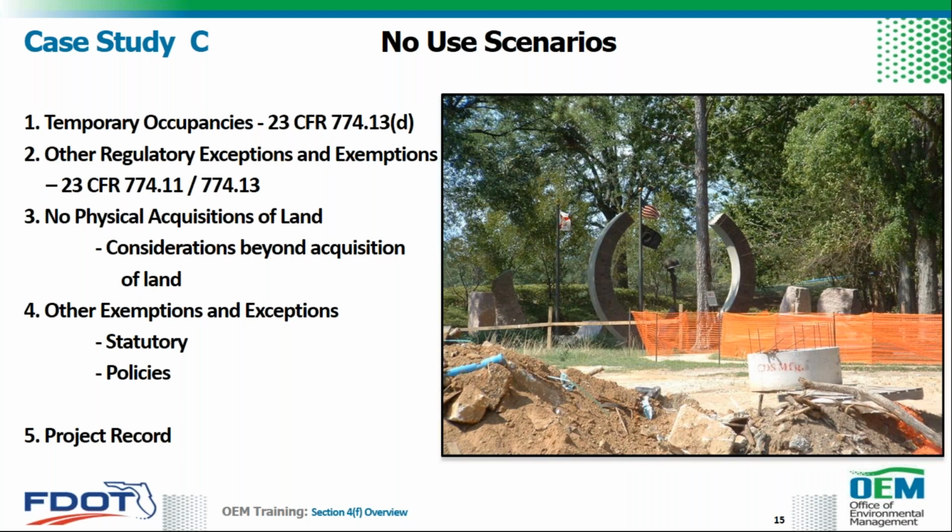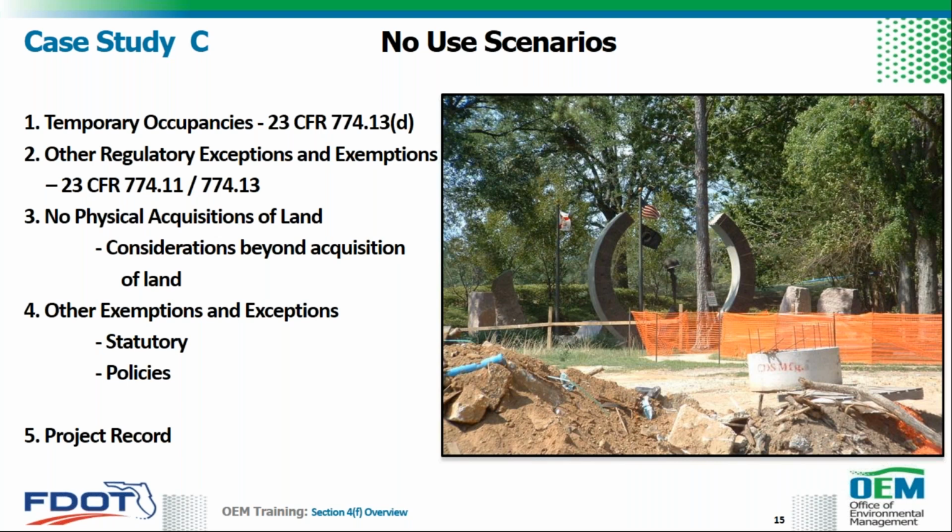In MAP-21, that got changed to federal lands transportation facilities. This isn't an issue we'll have to deal with much, but the rail corridor issue we will be dealing with. But I just want to let you know that the statutes are going forward and the regulations have not kept up.